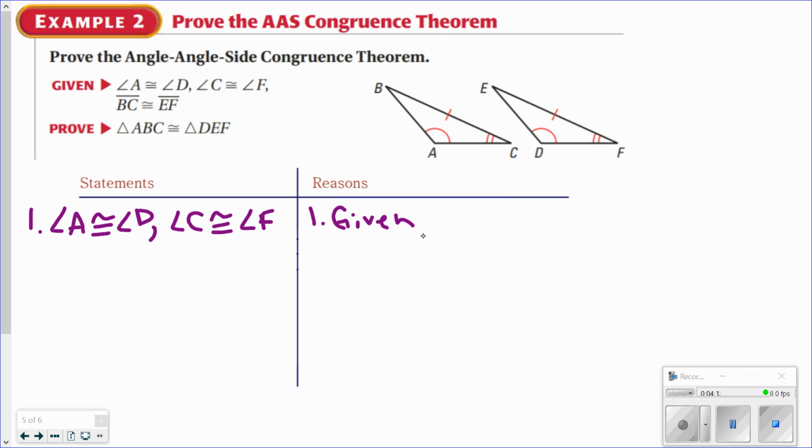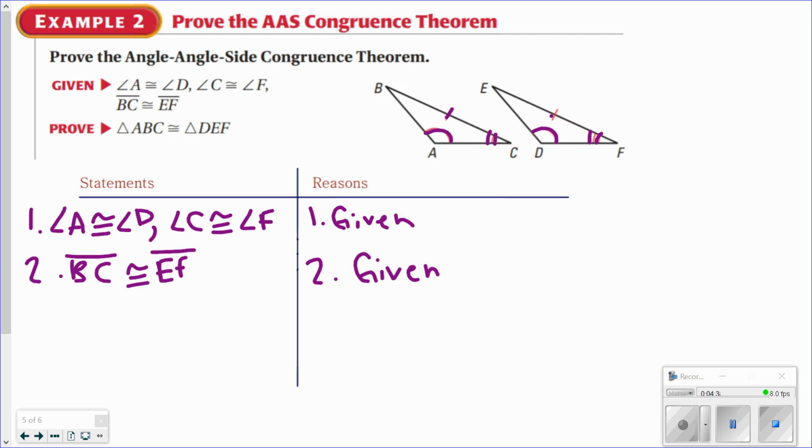So angle A is congruent to angle D, and angle C is congruent to angle F. All right, we also know that BC is congruent to EF, and that was also given. So that's what these tick marks are for, telling us that those segments are congruent.